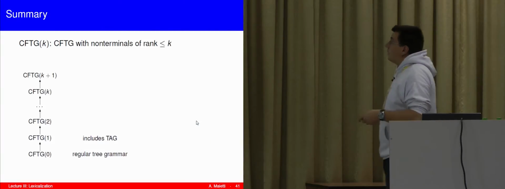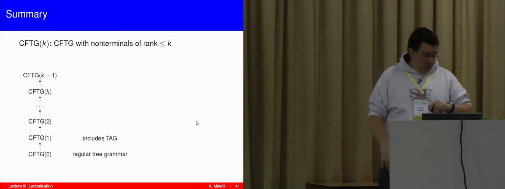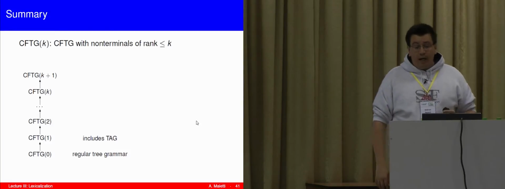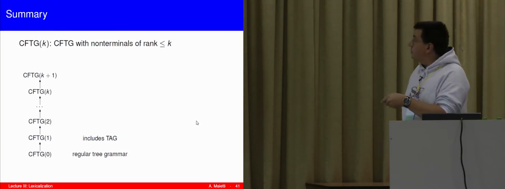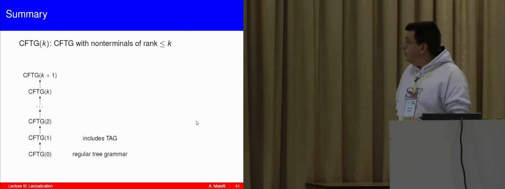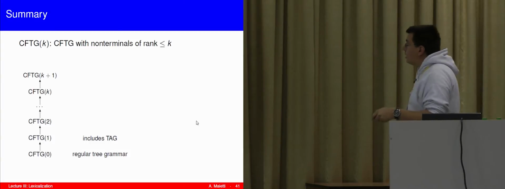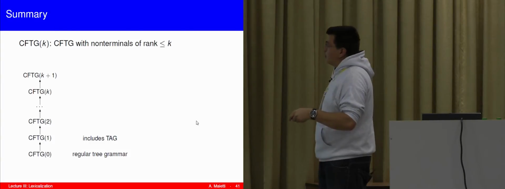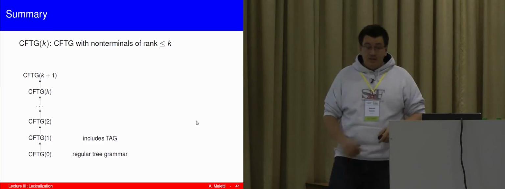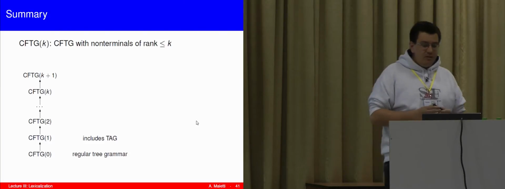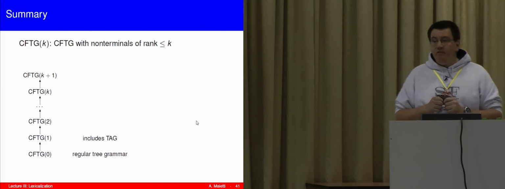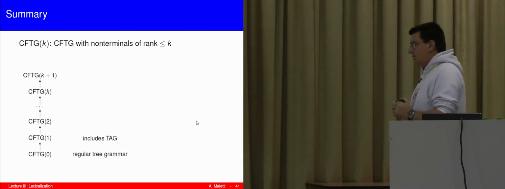And you could now try to summarize the whole picture by presenting a Hasse diagram. If you look very closely, this one here, context-free tree grammars of rank 0, this means a non-terminal is never allowed to have any subtrees.